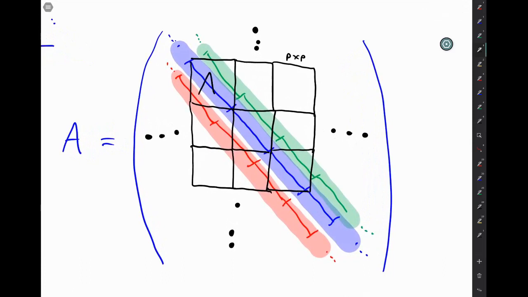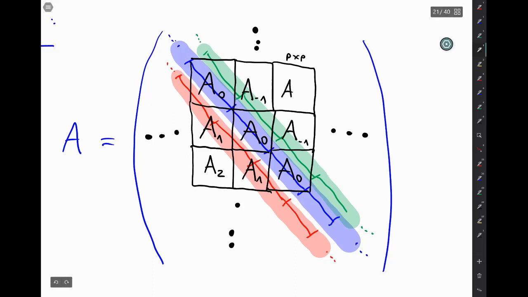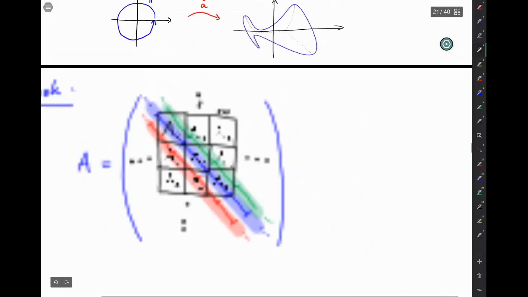If we denote that first block by A0, then we have A0 again here and here and so on, and then let's call that one A1, and this is then here and so on, and this is A minus 1, and you can again see it here. And maybe there is even a little bit of A2 here, and that would be A minus 2, and then the story goes on as a block Laurent matrix or operator.